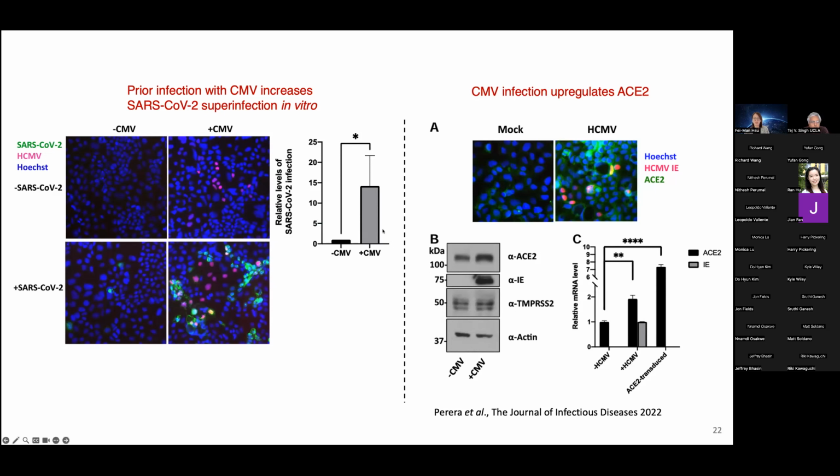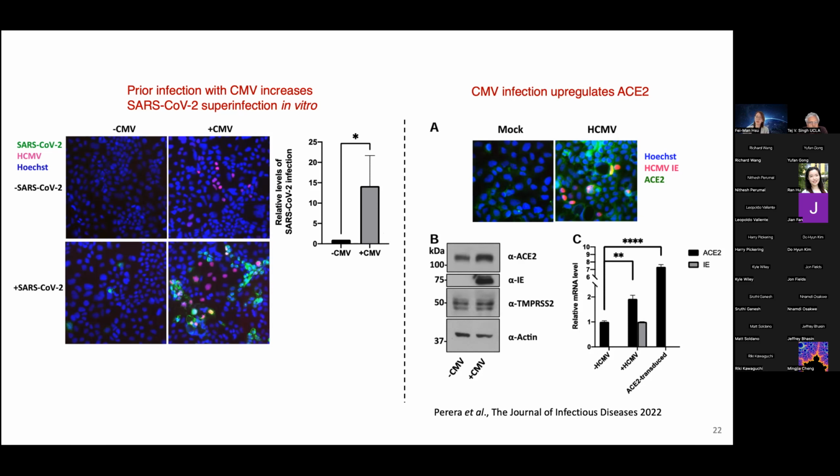Okay, and they even tried to find the mechanisms by looking into the gene, the ACE2 expression. You can see the cells, when primed with HCMV infection, the ACE2 expression also goes up in the immunofluorescence and also Western blot. They do quantitative PCR as well, showing that once the cells get infected with CMV first, ACE2 is more easily upregulated.